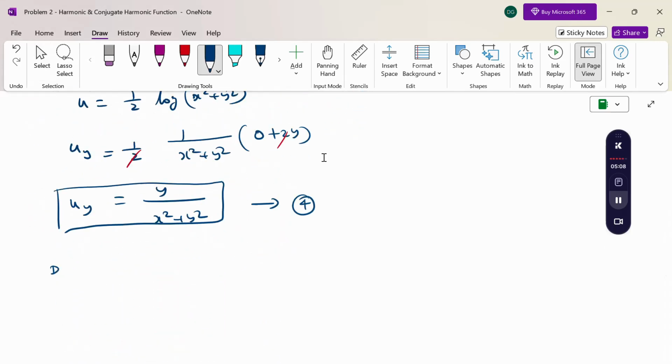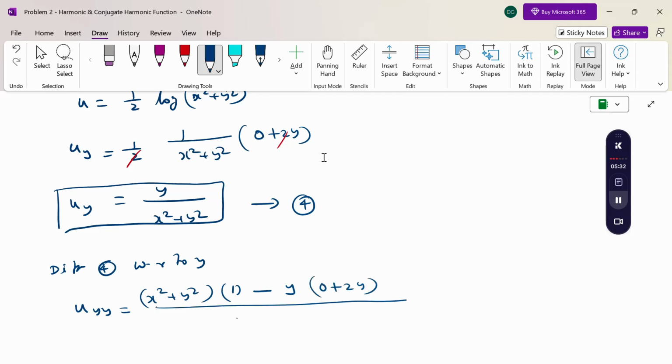Now differentiate 4 again partially with respect to y. uy is in u by v form. So v, x square plus y square, times u dash y differentiation 1, minus uy times v dash, 0 plus 2y, divided by v square, x square plus y square whole square.